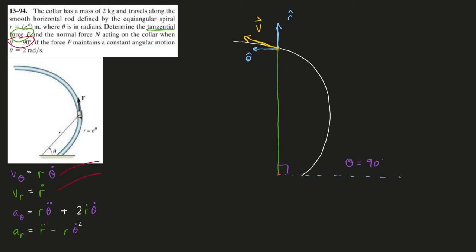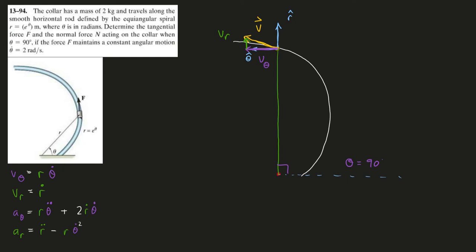Let's see if I can try determining these components here. From the picture, they should be positive. Here's my transverse component, and here's my radial component. So they look positive from the picture. So that is what I'm expecting the numbers to agree with. So let's go with the transverse component first.